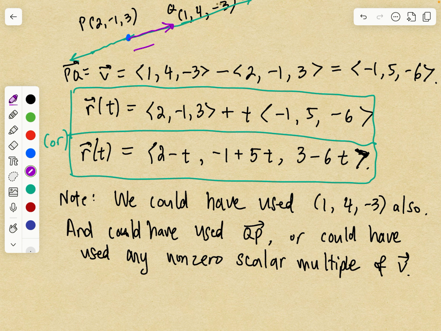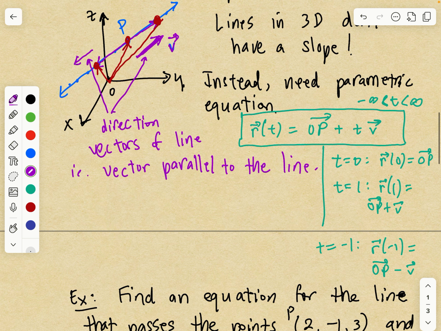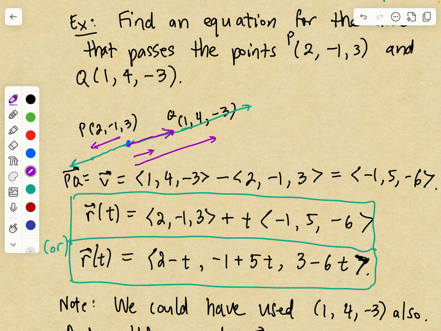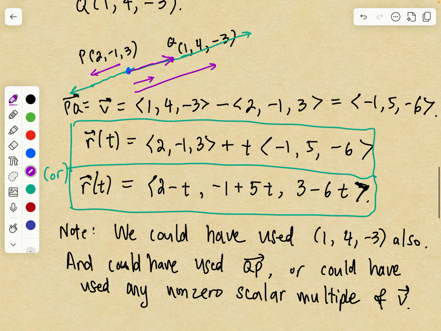If you scaled the vector by, say, a half, or by 2, or negative 2/3, or whatever, all these vectors are parallel to the line. And that's what you need to get a direction vector of the line. You just need a vector that's parallel to the line. Any vector that's parallel to the line will work.